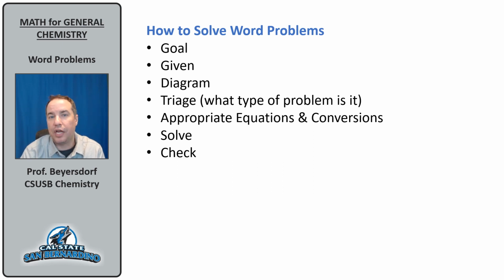In the same way, we're going to figure out what kind of problem it is, because once we know that, we can say, okay, what kind of equations or conversions or constants are we going to use? Then we solve for it. And then finally we check. Checking is just going back to step number one, what's our goal? Our check is to say, did we actually answer that goal?